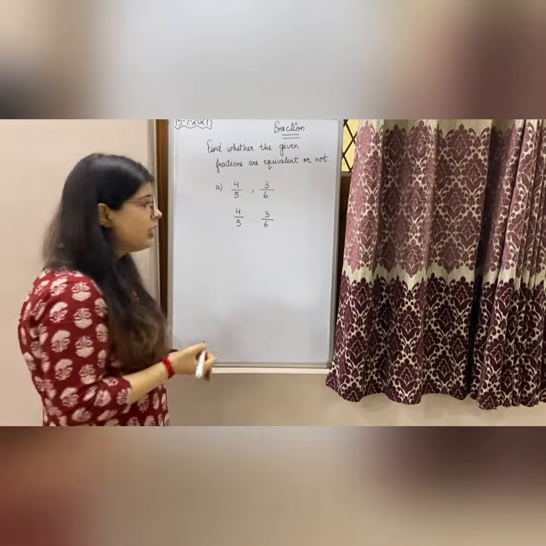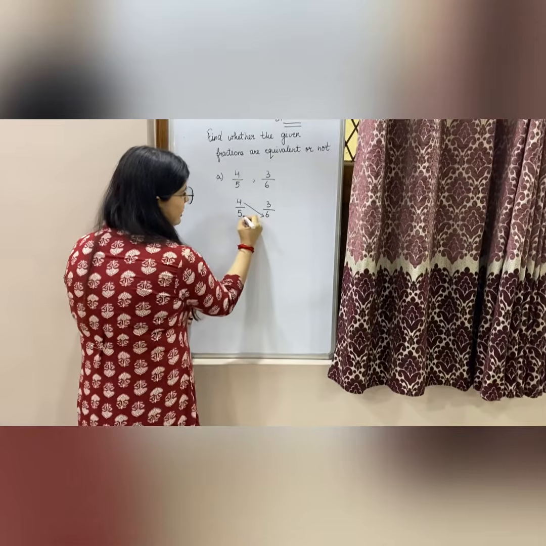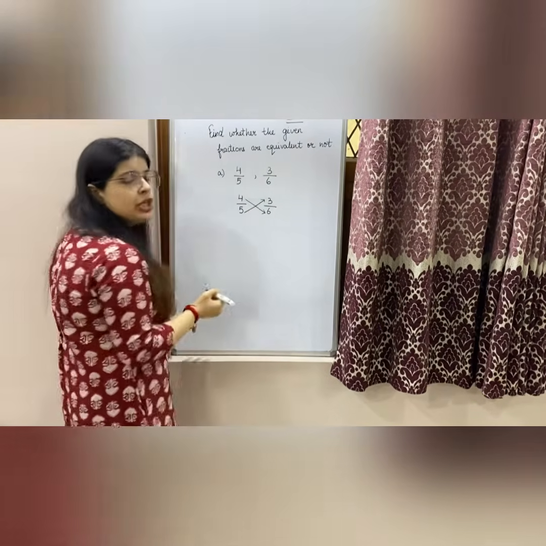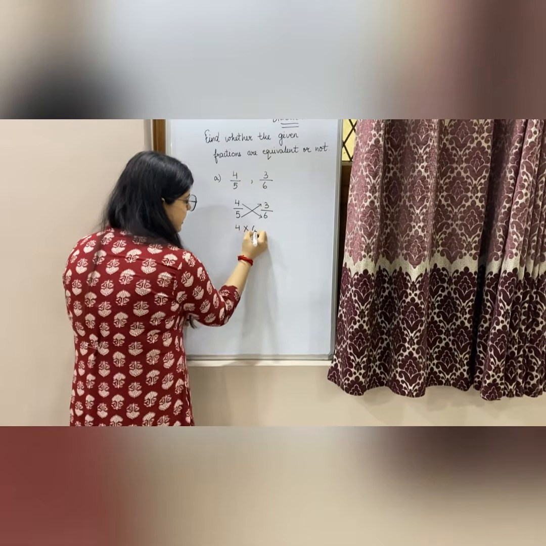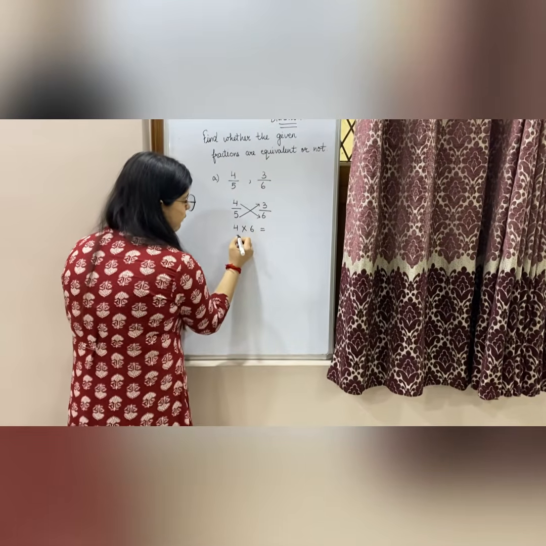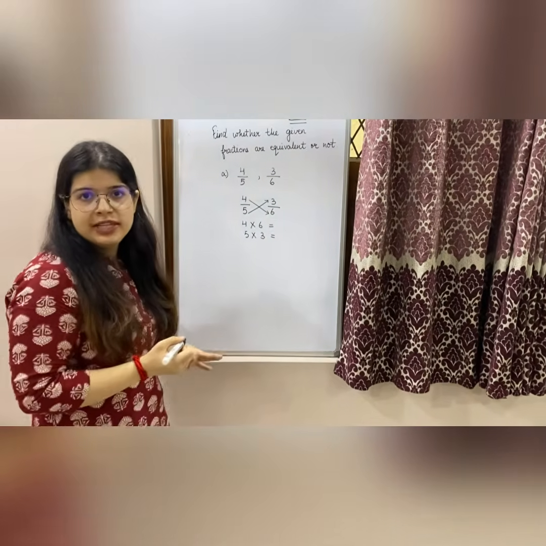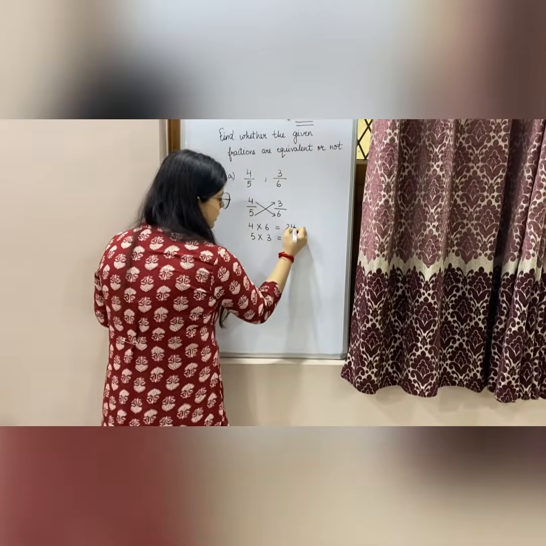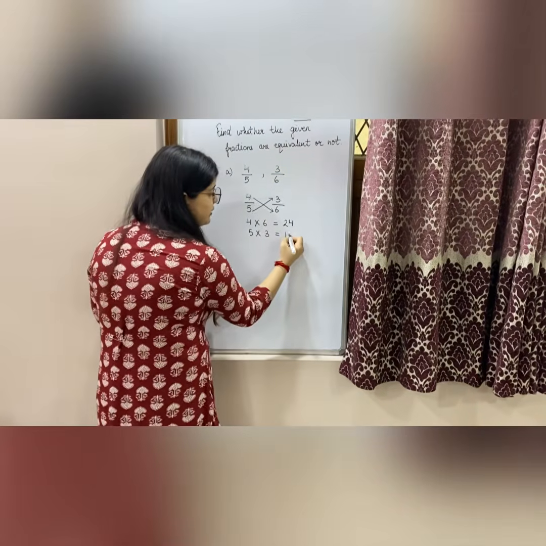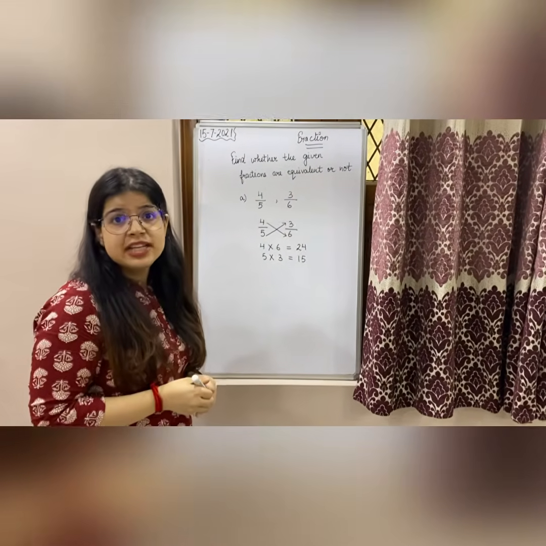What do you understand by cross multiply? Numerator multiplied by denominator and denominator multiplied by numerator. So 4 multiplied by 6 and 5 multiplied by 3. Now you all know the table of 4, right? So 4 6s are 24 and 5 3s are 15. After cross multiplication, my answer is not the same.